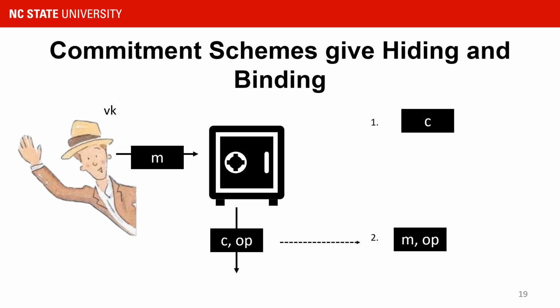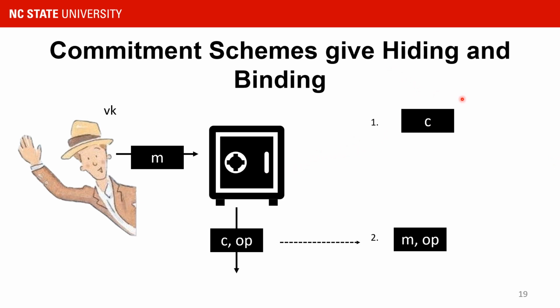Basically, a commitment scheme allows a person to lock up a message and produce a value called a commitment. So the committer commits to the message and gets a commitment and an opening. He can produce that commitment and set it out to the world, and nobody can see what's inside.